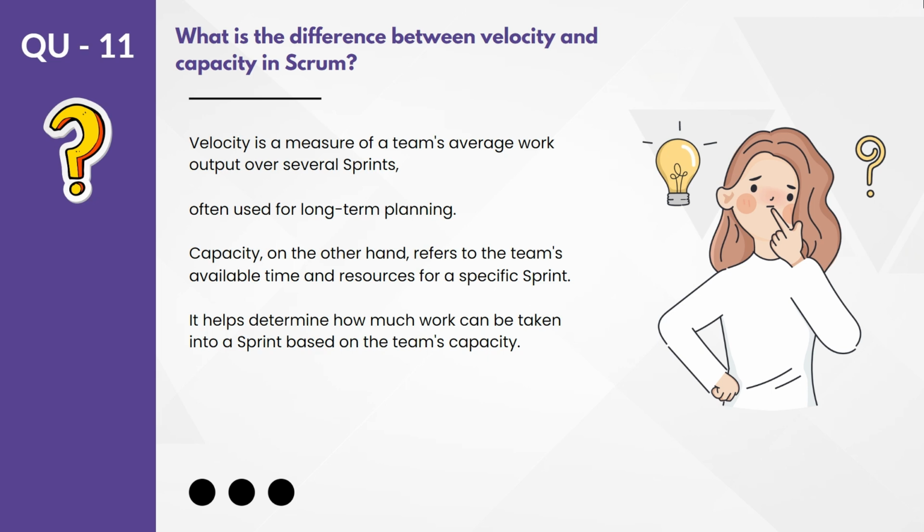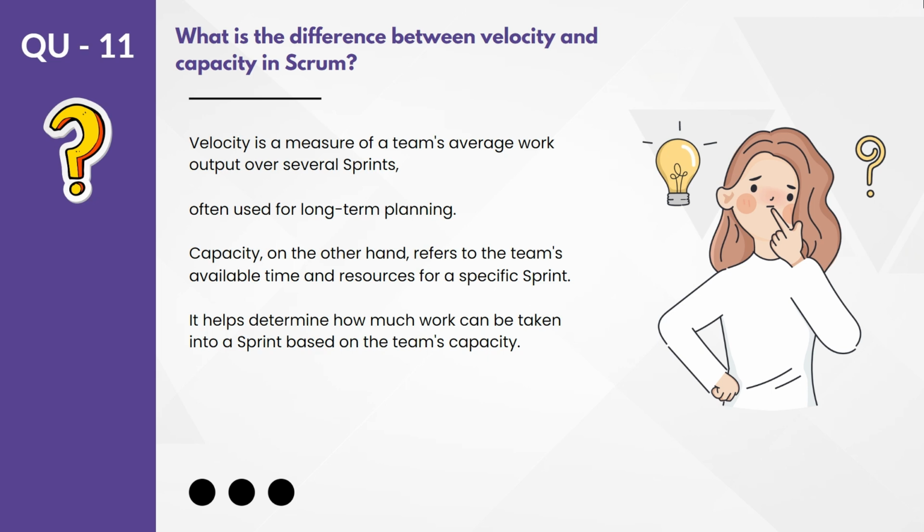Now capacity. Capacity, on the other hand, refers to the team's available time and resources for a specific sprint. Capacity may differ sprint to sprint, and it helps determine how much work can be taken into a sprint. Team capacity is very simple.